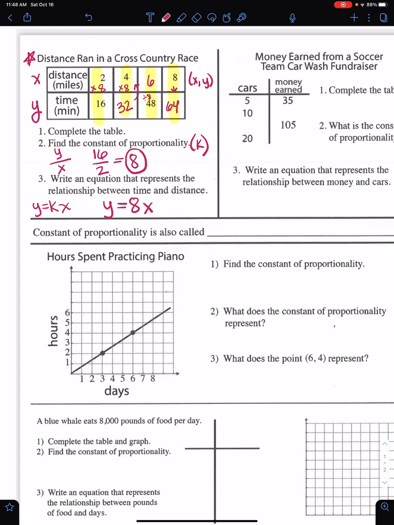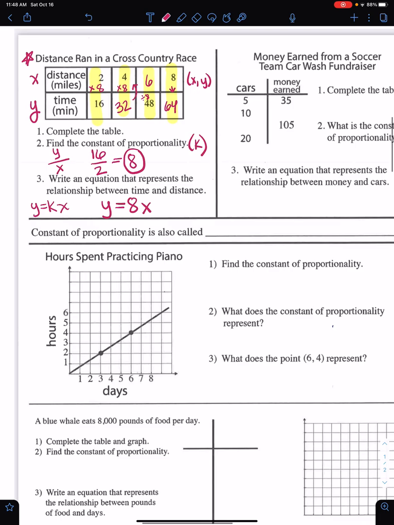So this equation could be used to find out how long it would take to run any distance. If we said, how long would it take to run 100 miles? You could plug in 100 for x and you'd find that it would take you 8,000 minutes, right? So it's a way of finding other values that are far bigger than what we have in the table.